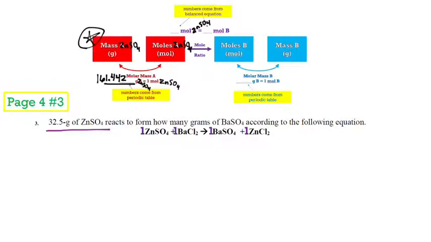And then it's asking us to find how many grams of BaSO4 we're looking for. So I'm looking for grams, so I want to end up here at my mass, and BaSO4 is my substance B. Acknowledging that the substance I'm ending up with is going to be BaSO4, and I am wanting grams, that also means I'm going to need the molar mass of that BaSO4.